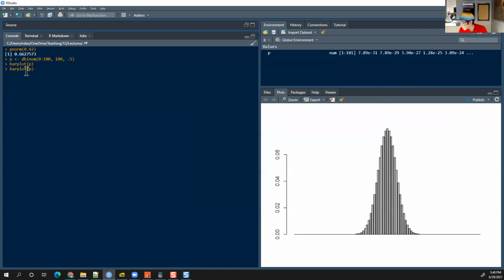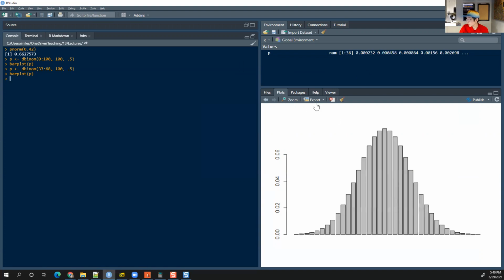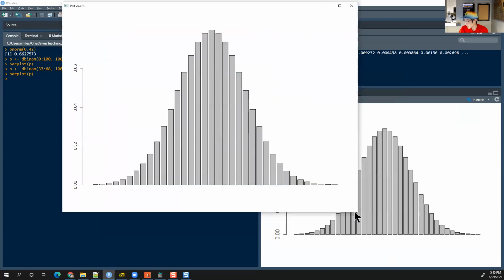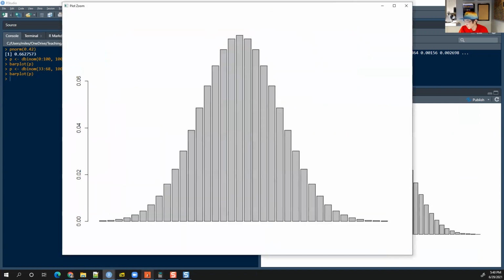Let's... okay, so this is not labeled. How do I add it? I don't know how to add labels. Let me just copy this plot here.